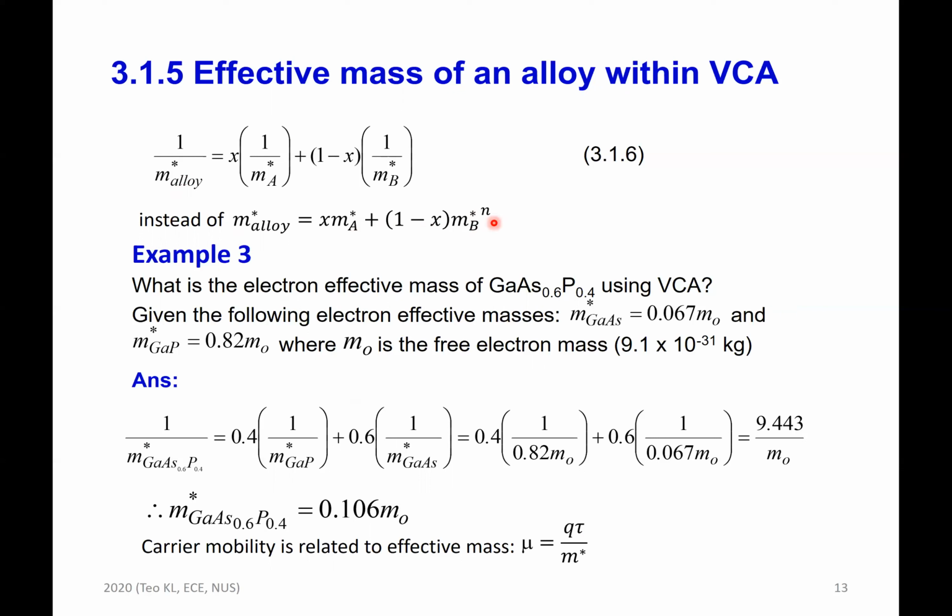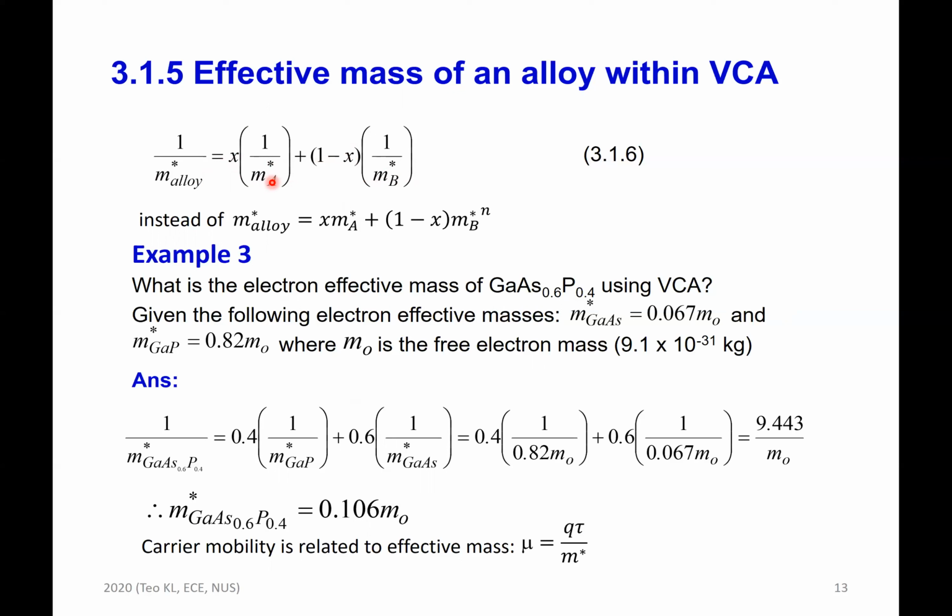There's a mistake, forget about the n here. But in literature, usually we take the inverse value of the alloy. So it's 1 over m star alloy effective mass equals x bracket 1 over m_a star plus 1 minus x bracket 1 over m_b star, where m_a and m_b are the effective masses of the compound semiconductors.